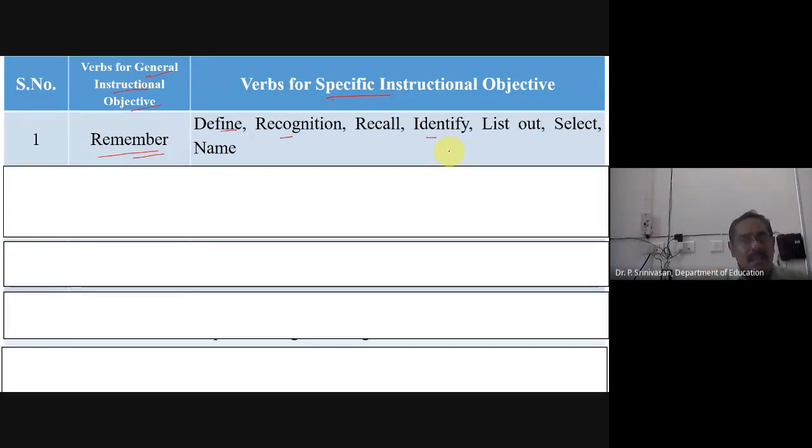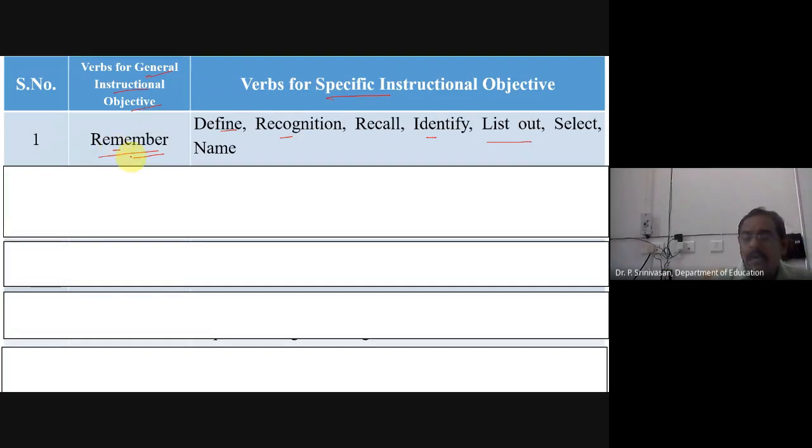There may be 10 materials, and the student has to select the material which may float on water. List out any one psychologist. So these are the specific words for the general instructional objective, remember, because remember is the general thing.